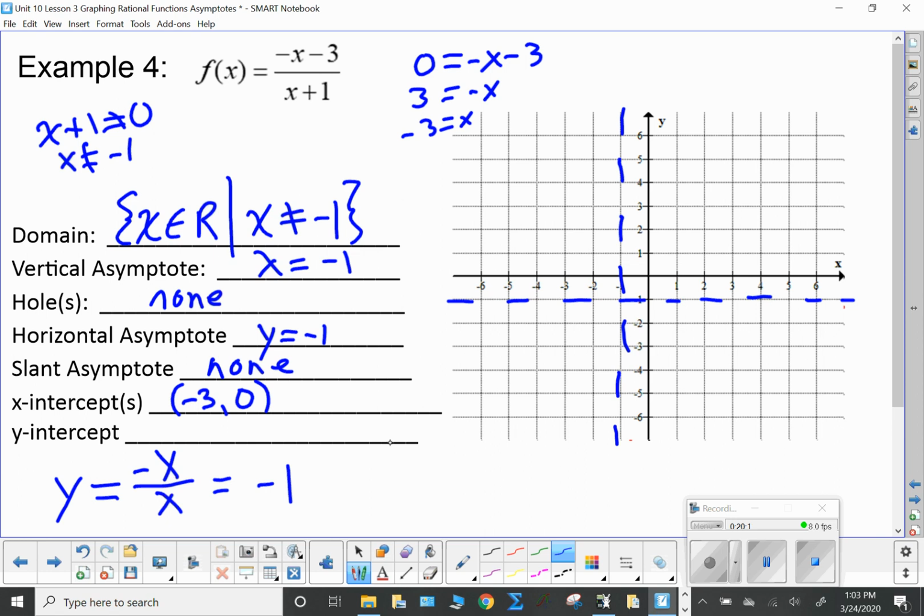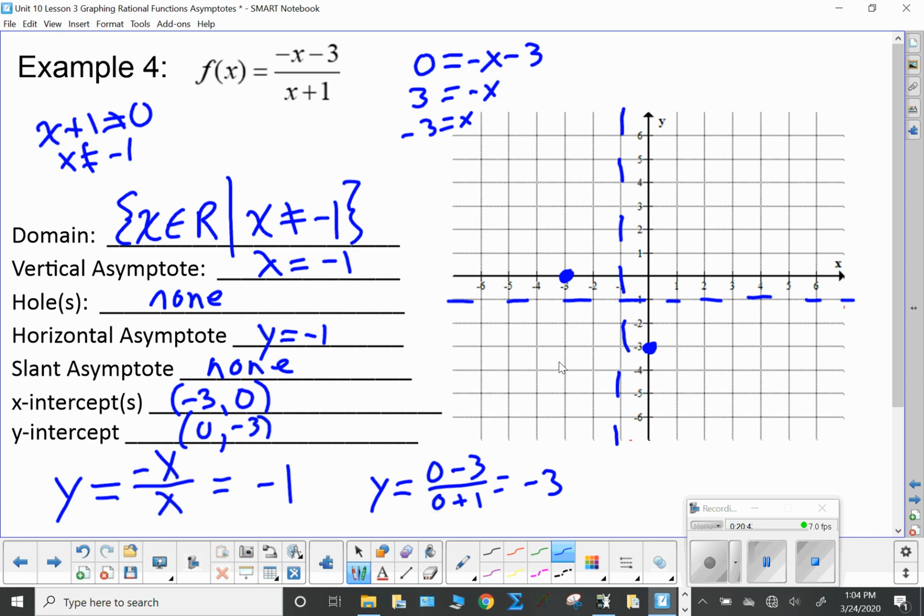Y-intercept, that's when x is 0. So y is going to be equal to 0 minus 3 over 0 plus 1, which is equal to negative 3. So 0, negative 3 is my y-intercept, and negative 3, 0 is my x-intercept. Now, again, I'm going to skip the part where you look up all the points in a table.